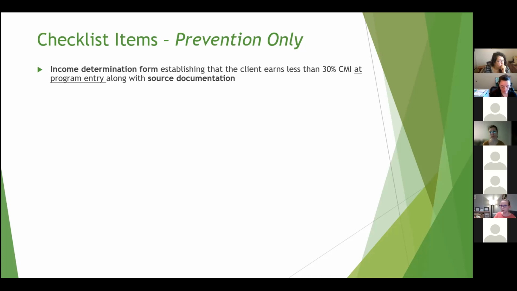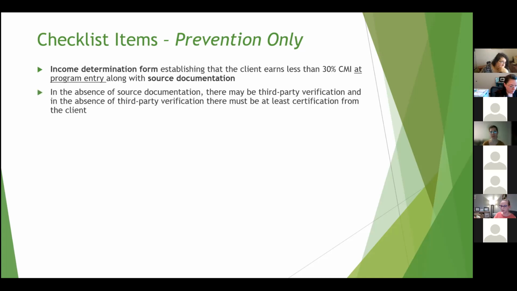So we have since removed that, in the spirit of flexibility. For a prevention program though, when they're entering the program, you need that income form showing the client earns less than that 30% CMI, along with the source documentation. And if you can't get that source documentation, then you again need that certification that you tried to obtain it, and get that self-certification from the client.